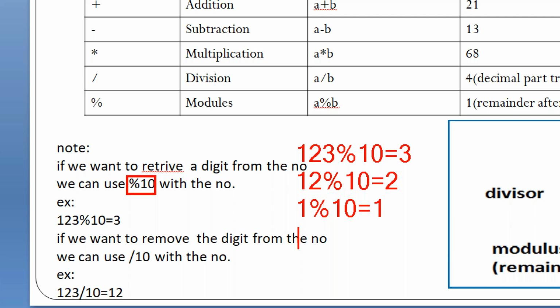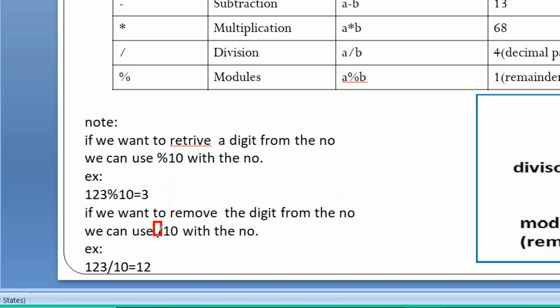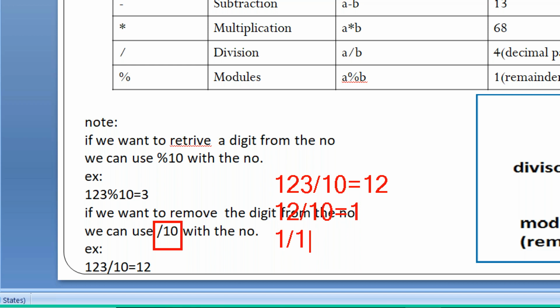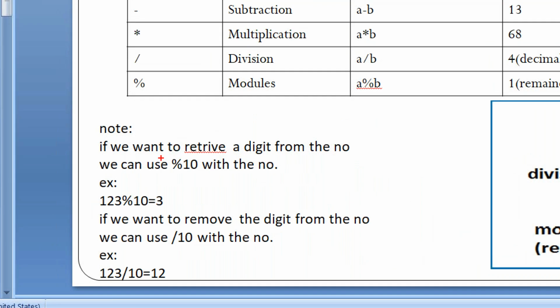But if I want to remove the digits from the number, then use division by 10. I can write 123 divided by 10, which gives 12. Now I have removed the digit 3. 12 divided by 10 gives 1, and 1 divided by 10 gives 0. So these are the important points related to modulus 10 and division by 10.